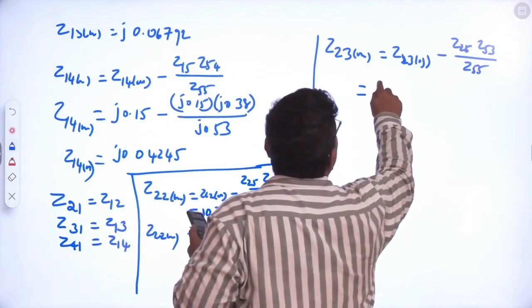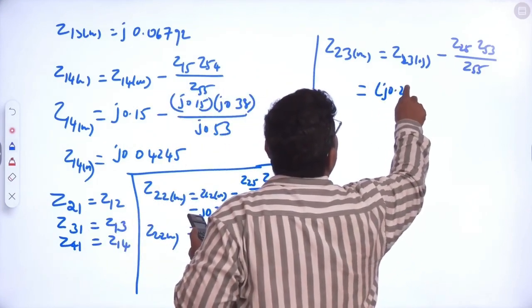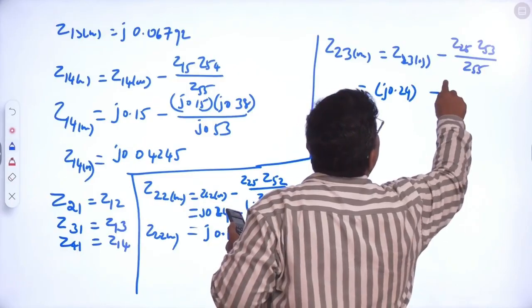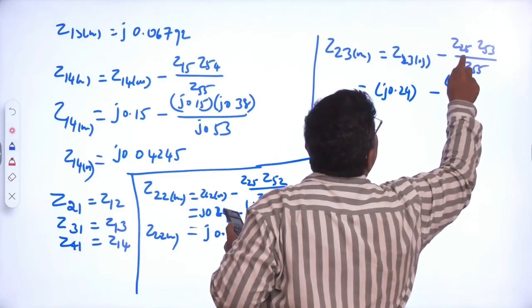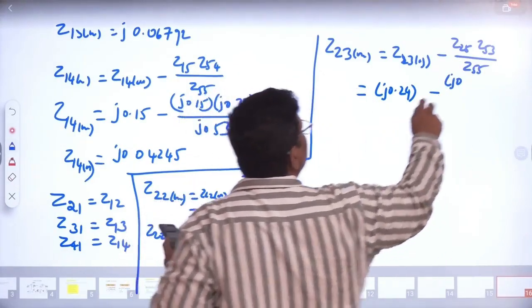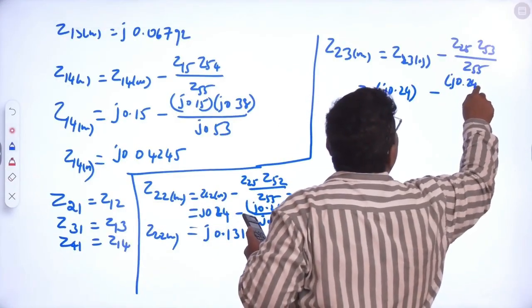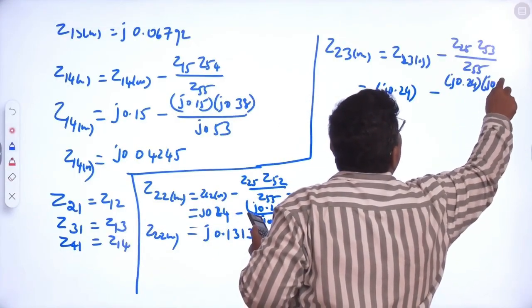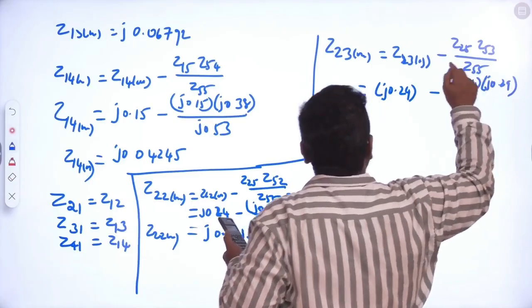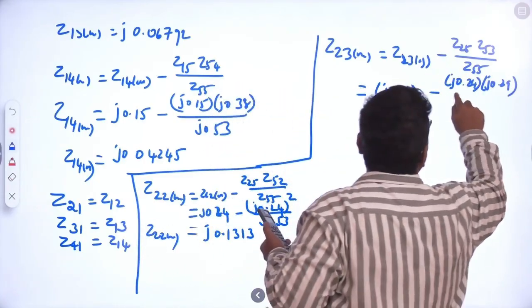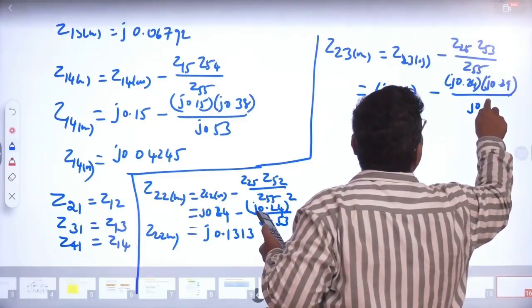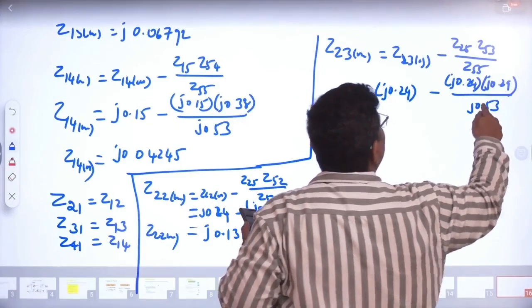Okay, Z23 is 0.24 minus Z25. Z25 is also 0.24 into Z53 is 0.29 divided by 0.53.